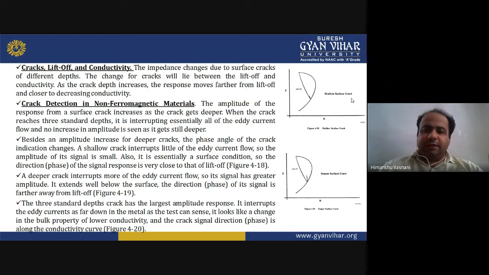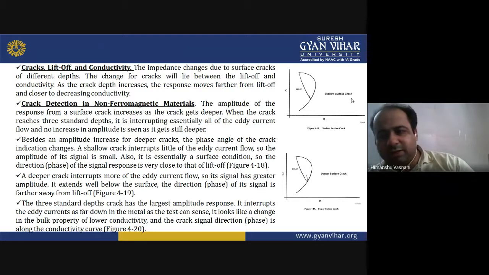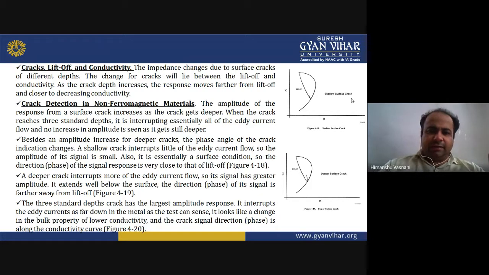In the bottom diagram, you can see the deeper surface crack and the difference from liftoff. In the case of a deeper surface crack, the direction or phase of the signal is farther away from the liftoff.